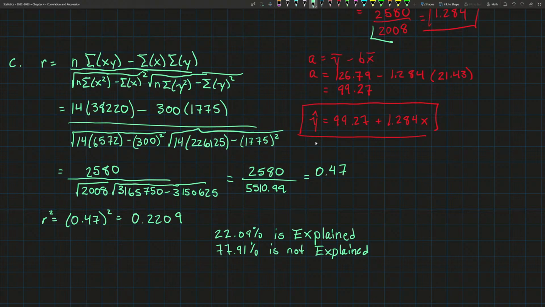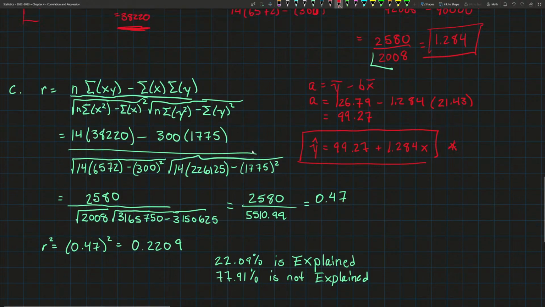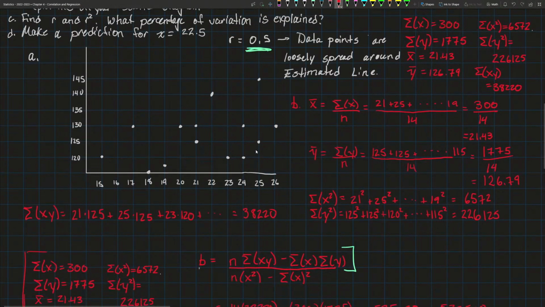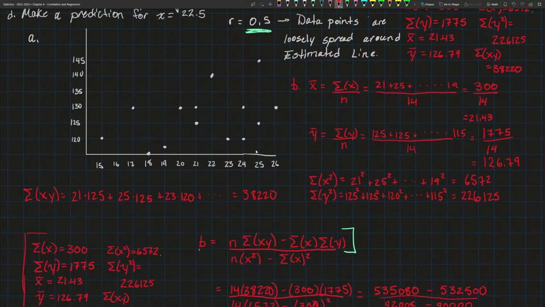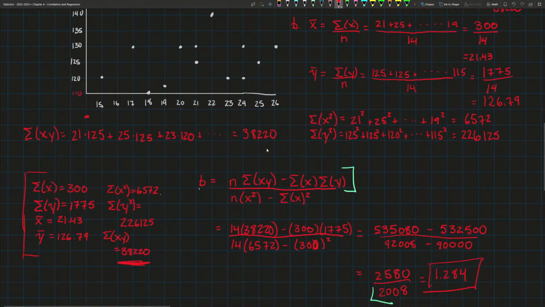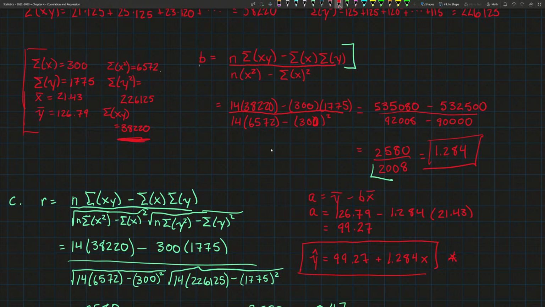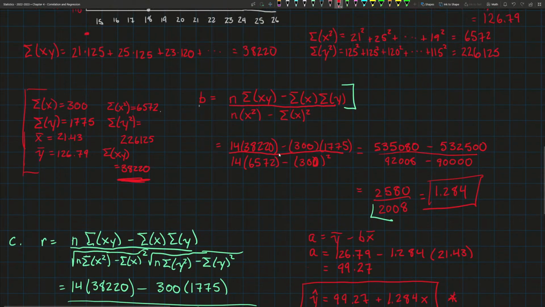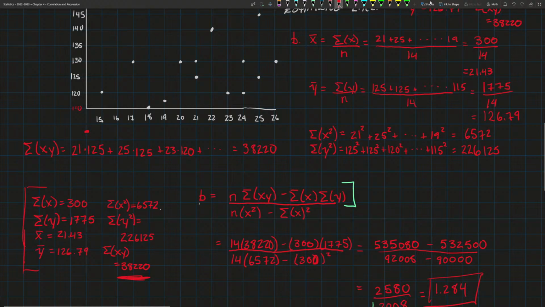The one thing we forgot to do is actually plot this line, so let's do that really quick. 99.27 is our y-intercept. This would be like 110, so it'd be down here. This is our imaginary y-intercept. Then we're going to go up 1 over like a fifth or a third, over kind of in the middle.